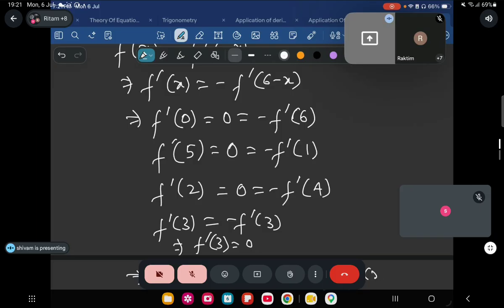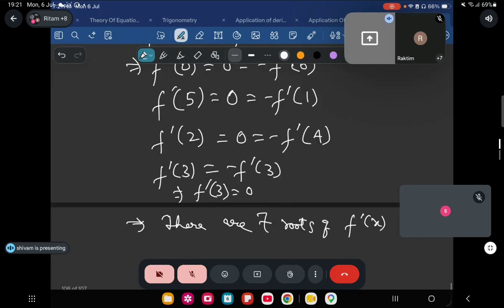of f dash x. So tell me everyone, therefore the number of roots of f double dash x will be equal to 6. So the number of roots of g of x will be equal to?